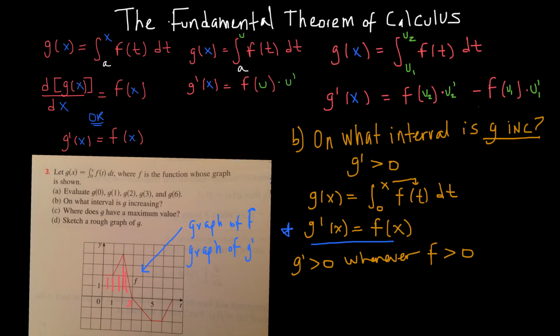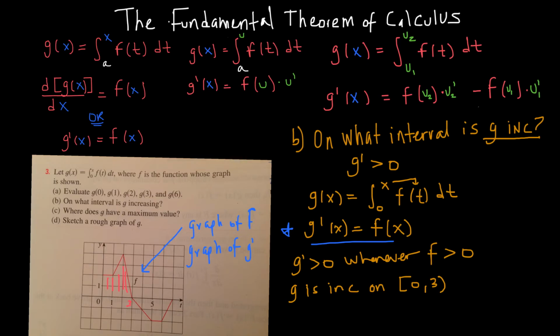So now we can answer the question, on what interval is g increasing? Complete statements, remember? G is increasing on 0 to 3. I'm going to use brackets because this is an increasing question. Some people might want to use parentheses because, actually, you know what? I should use a bracket at 0, but I should use parentheses on 3 because right at 3, f is not positive, f is 0, and g prime would also be 0.